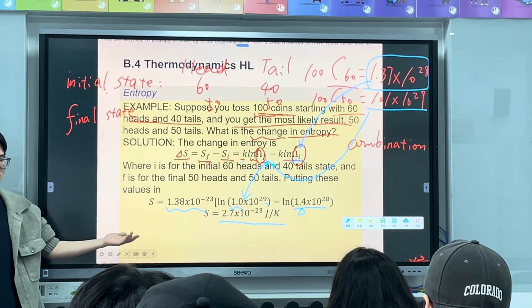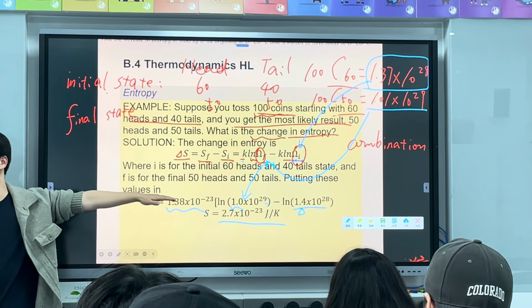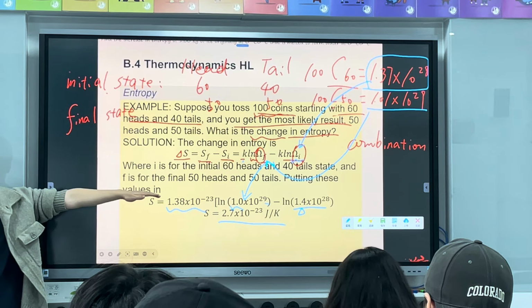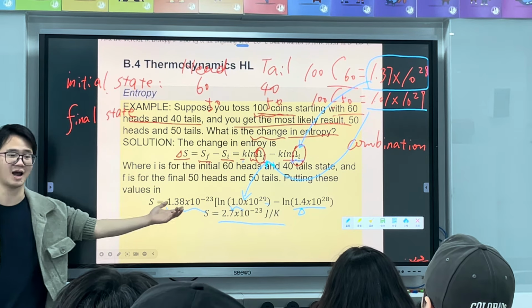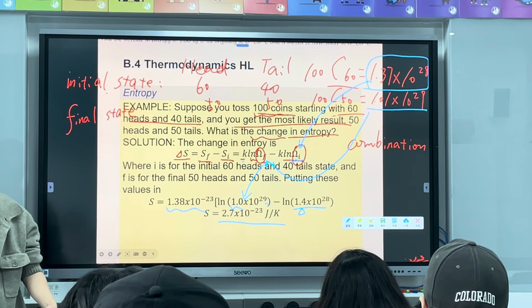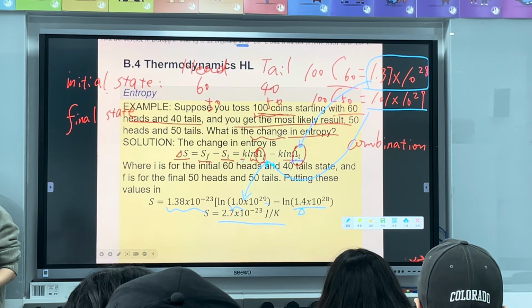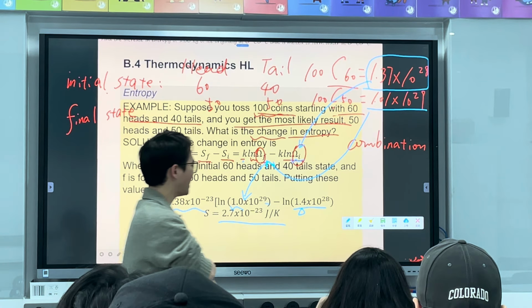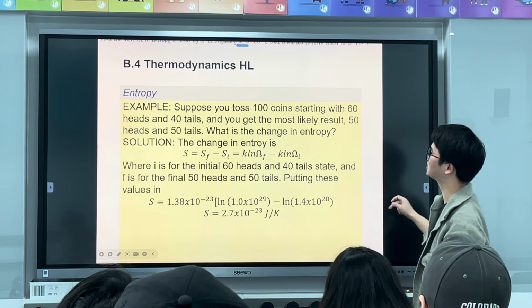Whenever we're dealing with ideal gas, if you're not sure whether to use permutation or combination, always go for combination, because our study objects are identical, and thus the order doesn't matter. Most likely it will involve just combination rather than permutation. Okay, that's this, and let's move on.